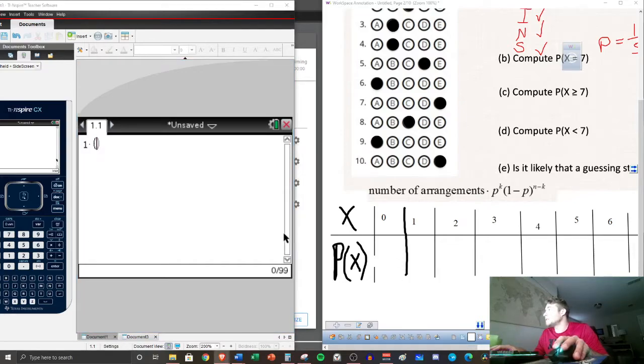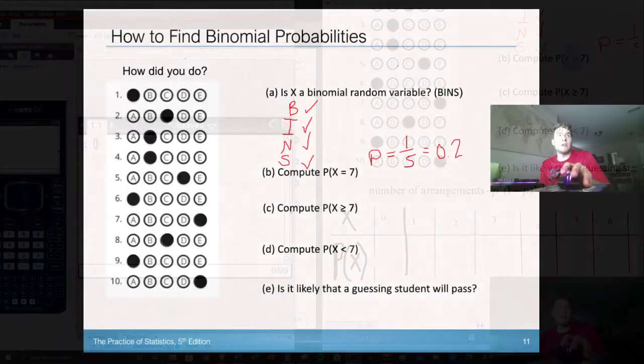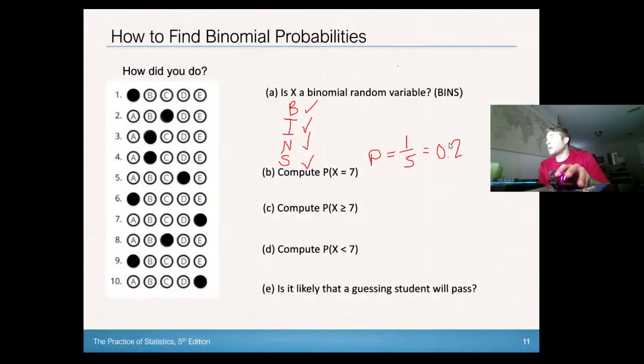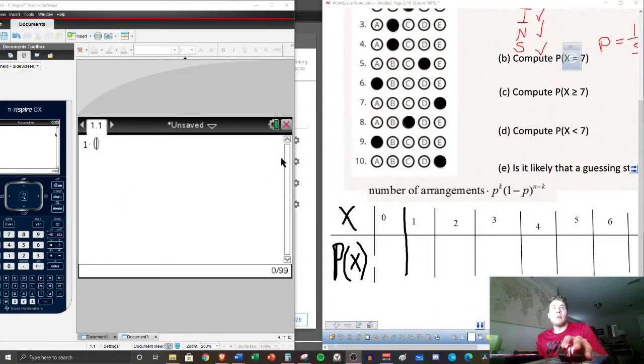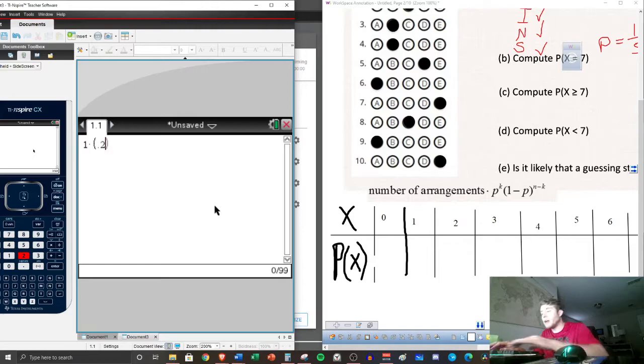That is what we did over here, right? Here's our probability of success, 0.2. So we go back over here, and we know our probability of success is 0.2. And we're going to raise that to the, what is K? K, if you remember from before, is the number of successes that you want.